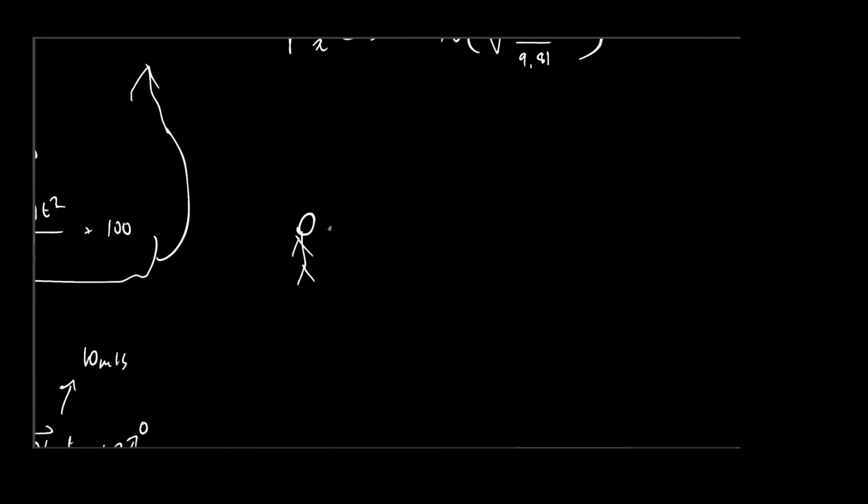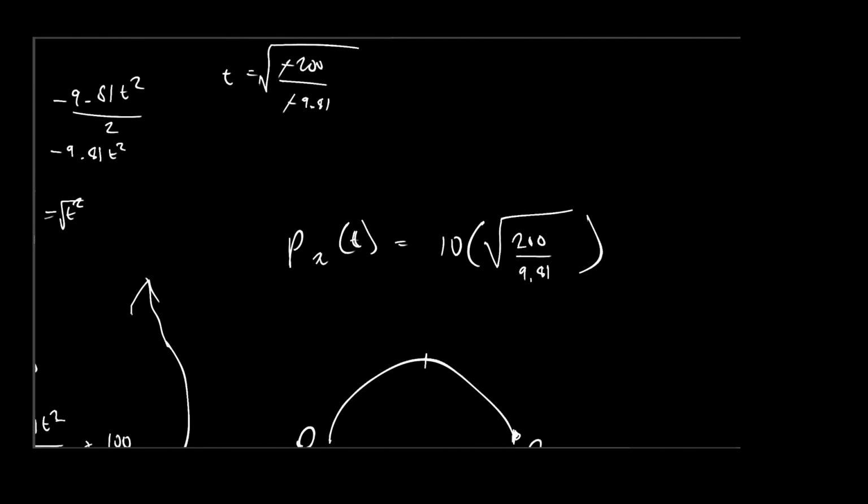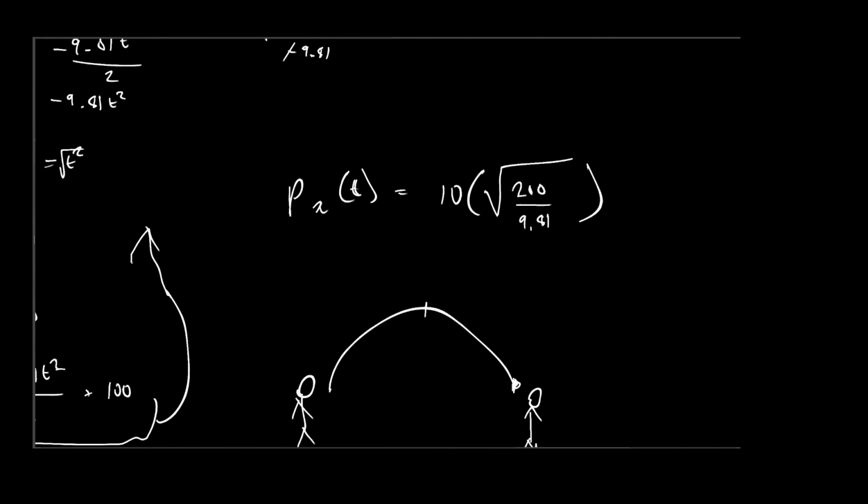When you have your friend throwing that ball, it's actually got much more to it because you have the max height here, you have the point at which it hits you or you catch it, and more stuff like that which require more math, which I'm going to explain in another video.